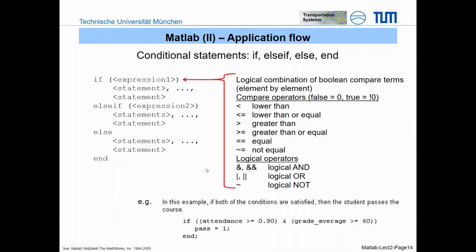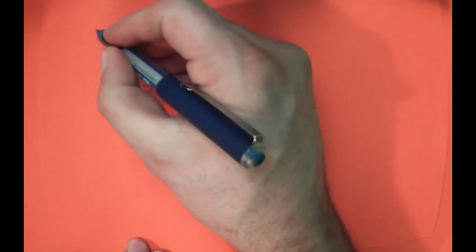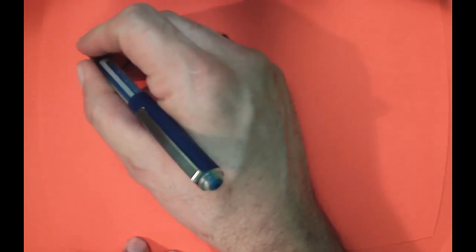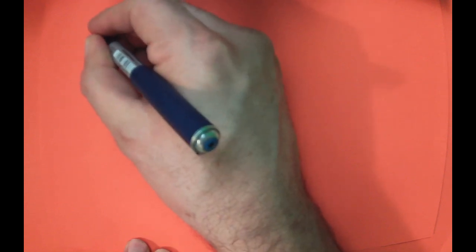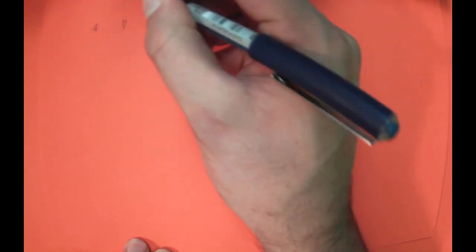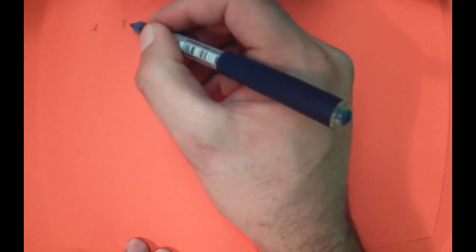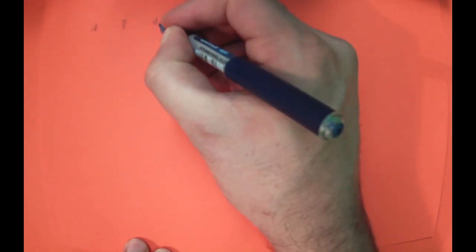I want to show you now what this means in case of a truth table. If we create a so-called truth table, then we'll have the left side and the right side of this and, for example, so that the truth values of A and B are combined with and.